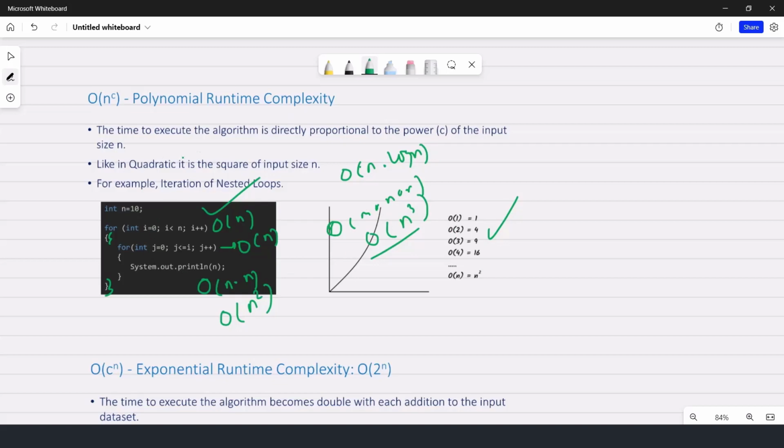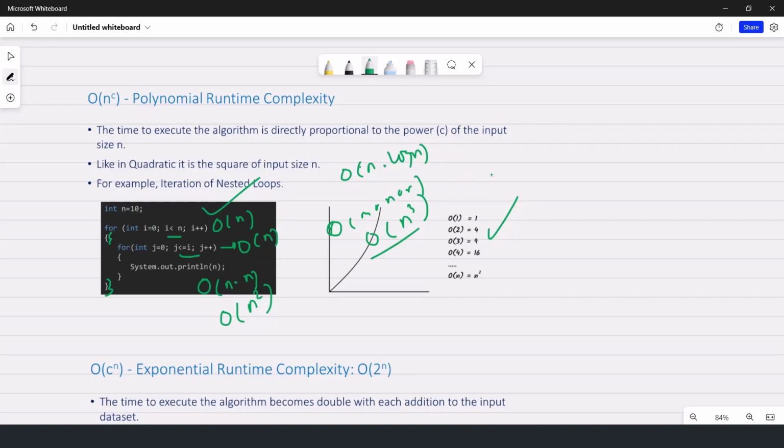Now if I try to explain, the inner loop is dependent on the value of the outer loop. Here you can see the inner loop is dependent on the value of the outer loop. So in each iteration, the inner loop runs i plus 1 times.